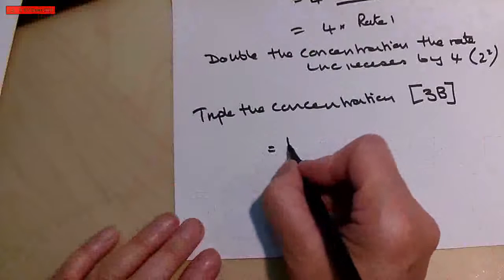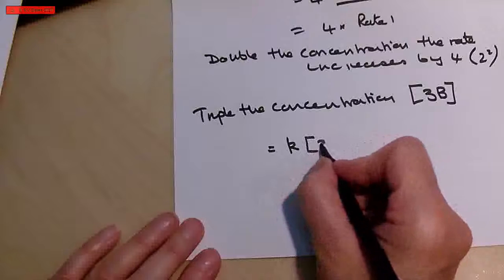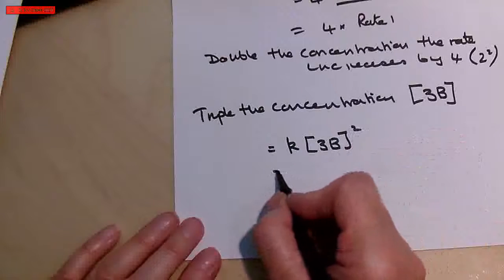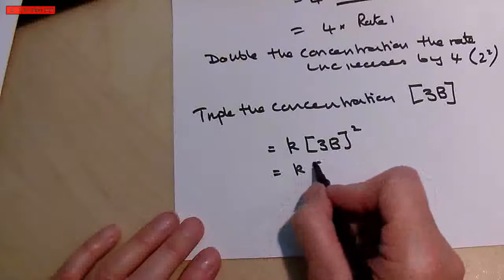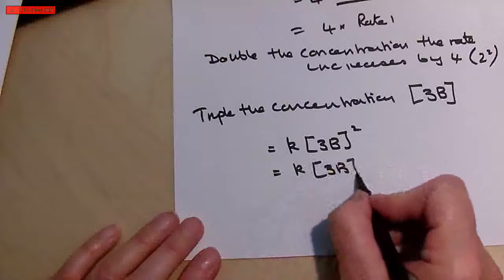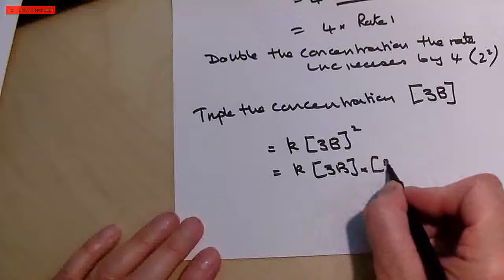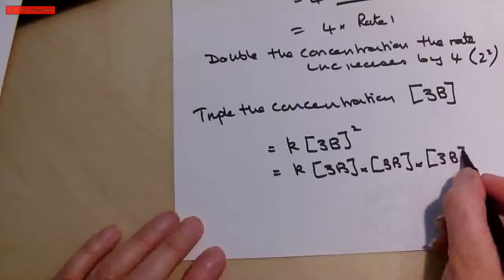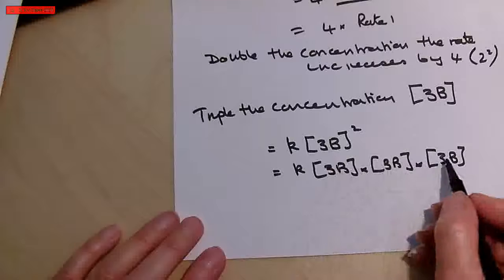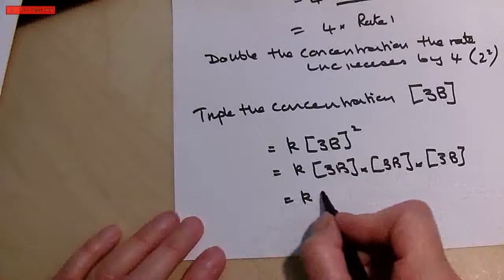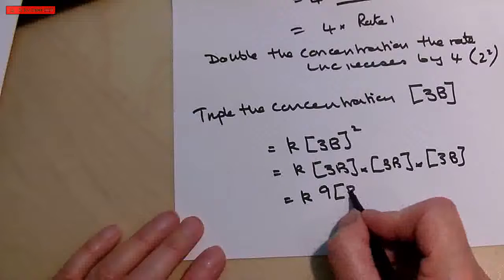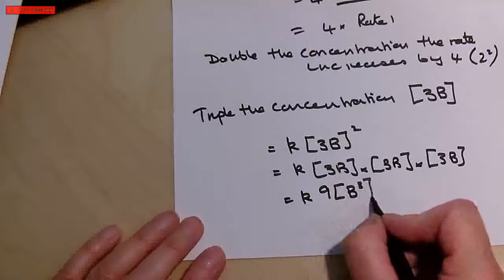So I've got K3B squared, which means K is 3B times 3B.